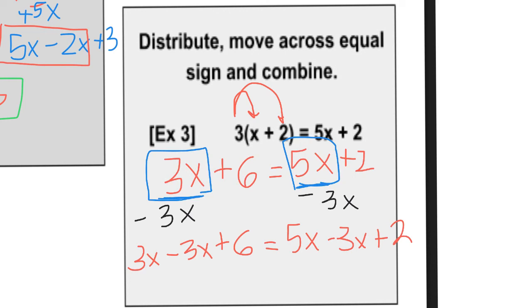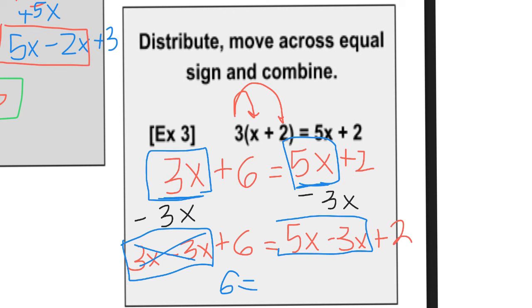So if I'm combining like terms, 3x minus 3x is 0. So that just leaves me with a 6 on the left-hand side. And 5x minus 3x, like terms, I can combine them, is going to be 2x. And then I have plus 2.